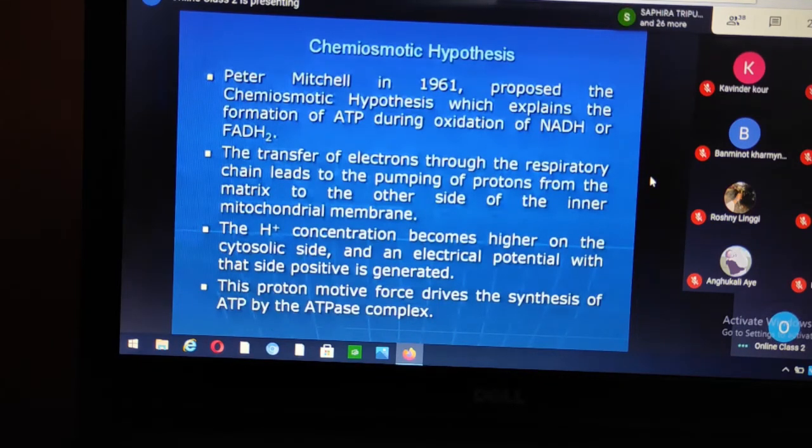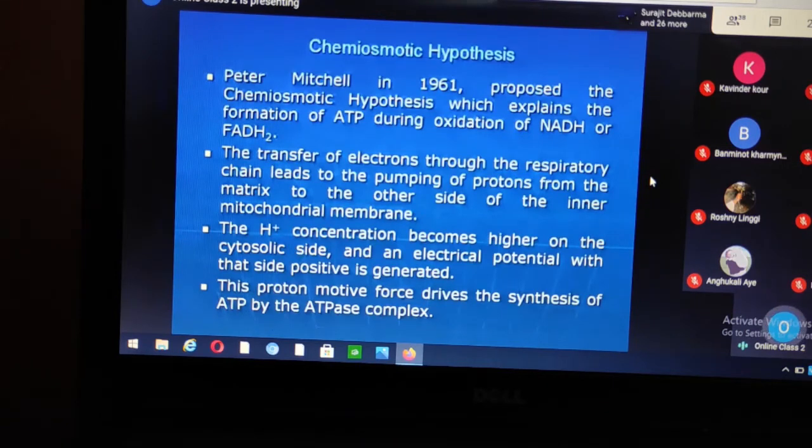Here, oxidation of the reduced coenzyme is linked to the formation of ATP. He explains the formation of ATP during the oxidation of NADH or FADH2.